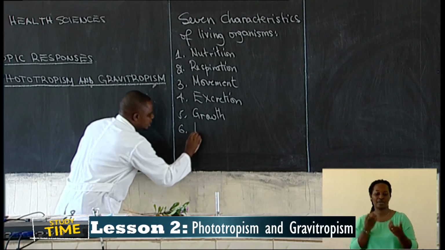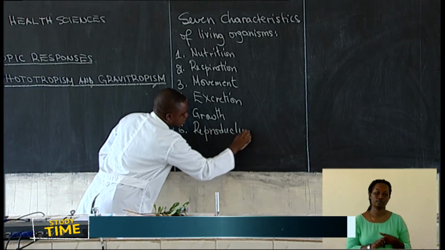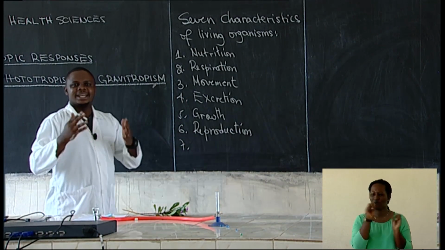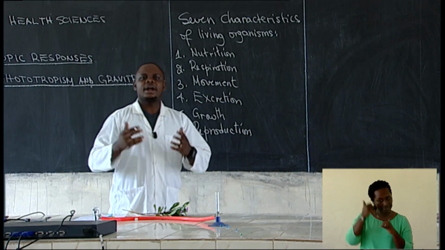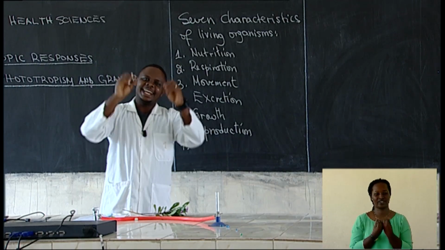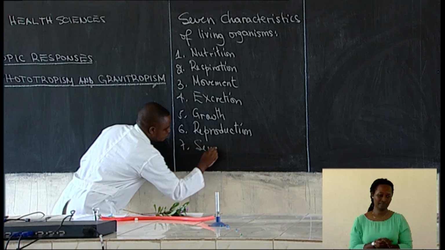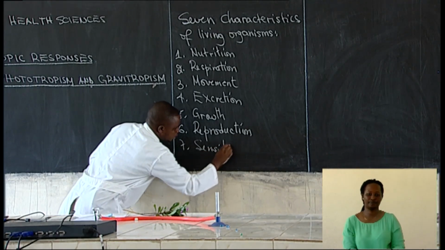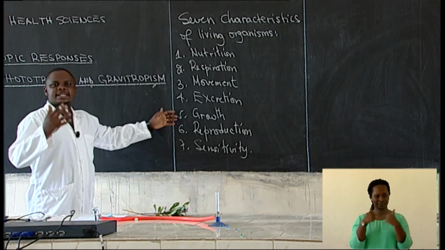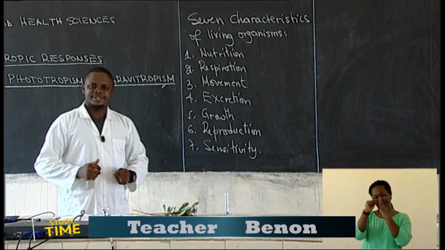That means reproduction. Point number 7. Who can tell us the last characteristic of living organisms? Very nice. Sensitivity. Good. These are the 7 characteristics of living organisms.